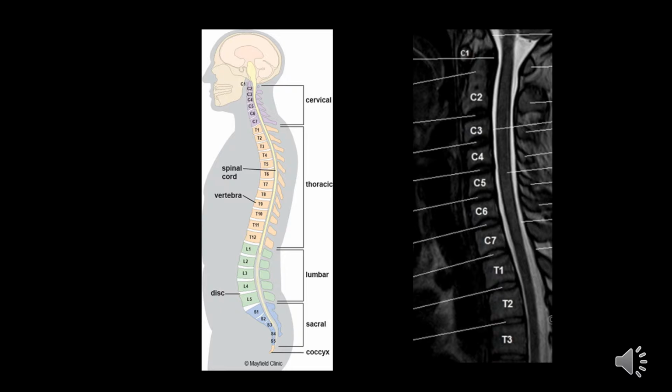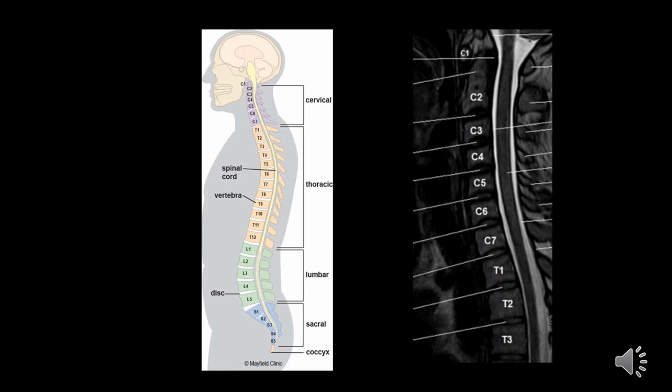Because we are going to reference levels of the spine throughout this course, I do want to review our vertebral column. So if you've taken anatomy, this should be a review, but we have 7 cervical vertebrae, 12 thoracic vertebrae, and 5 lumbar vertebrae. An easy way to remember this is that we have breakfast at 7, lunch at 12, and dinner at 5.